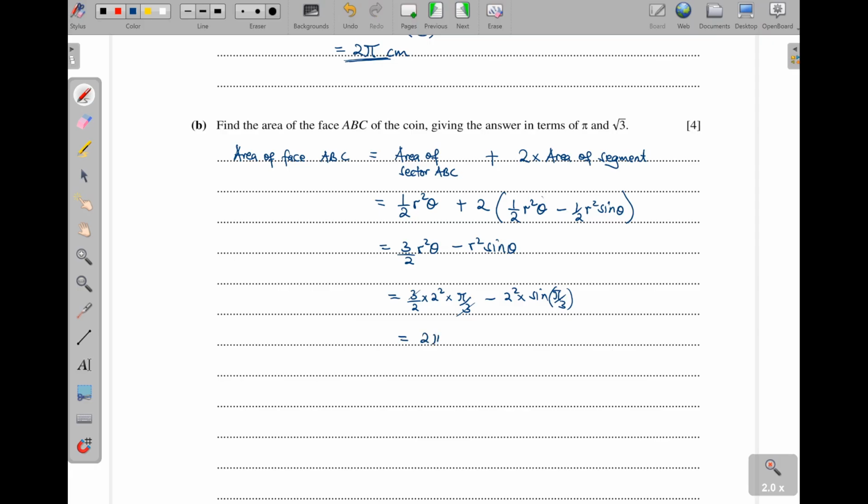Meaning here we have 2 pi. And then this will be 4 times sine of 60 which is root 3 over 2. So this one will go here 2 times, not so? So that means the answer is going to be 2 pi, then minus 2 root of 3. So it is in terms of pi and also root 3. As simple as that.